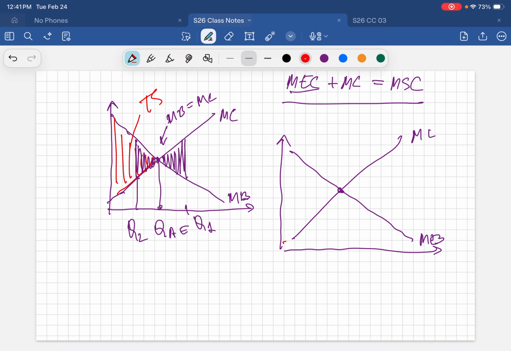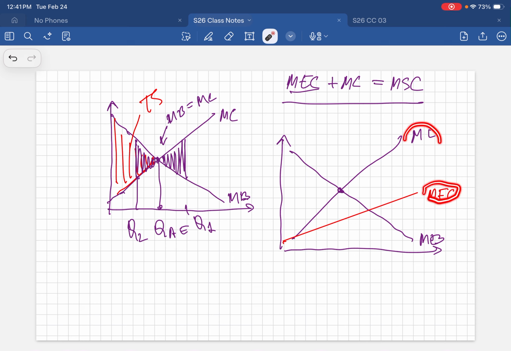For MC and MB. We can do it like this. That probably will be the best way to do it. This is marginal external cost. Okay. And then how do we go from this to this one? You see, mathematically, they're just the sum of each other.